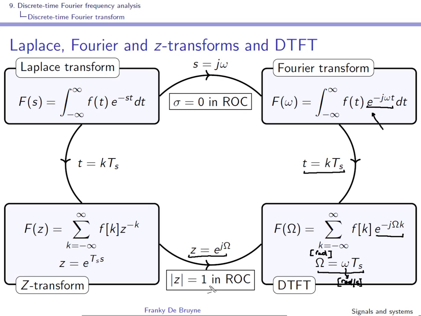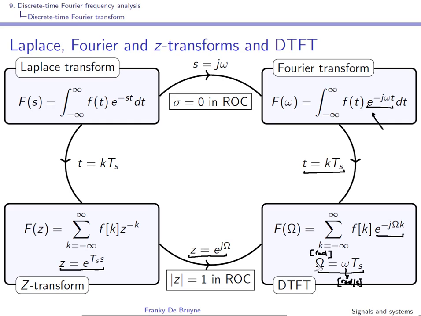The j omega axis will transform into the unit circle using this relation. So it's kind of obvious that this way of obtaining the discrete time Fourier transform, simply replacing z by this expression, is valid only if the unit circle is in the region of convergence of the z transform.